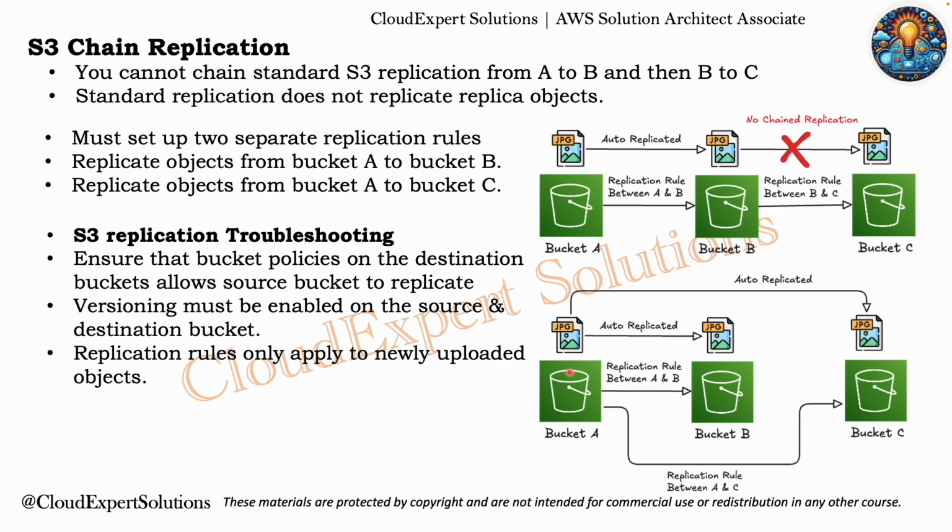And then you have to check the object, because replication rules only apply to newly updated objects. If the object was available before you enabled the replication, those objects will not be replicated by default. If your current replication is a chain replication, then you have to create two separate rules as we have discussed. Now let's go back to the AWS Management Console and let's see the replication rules.